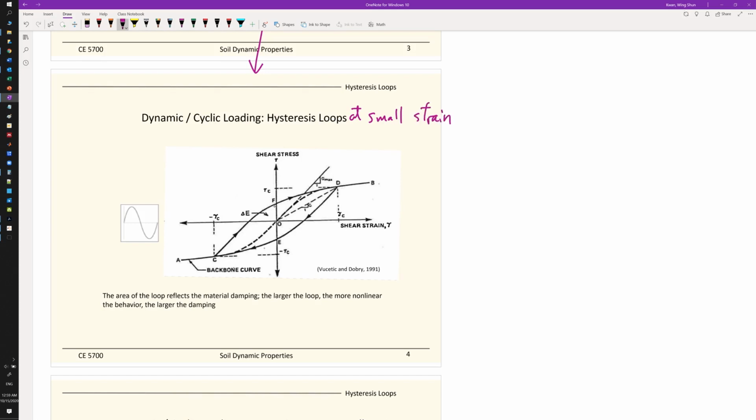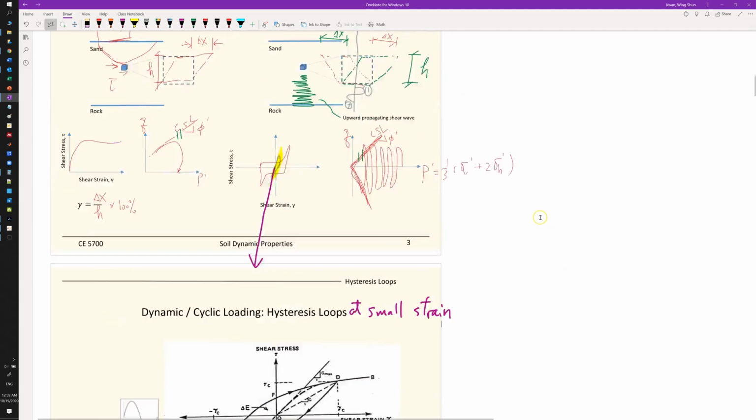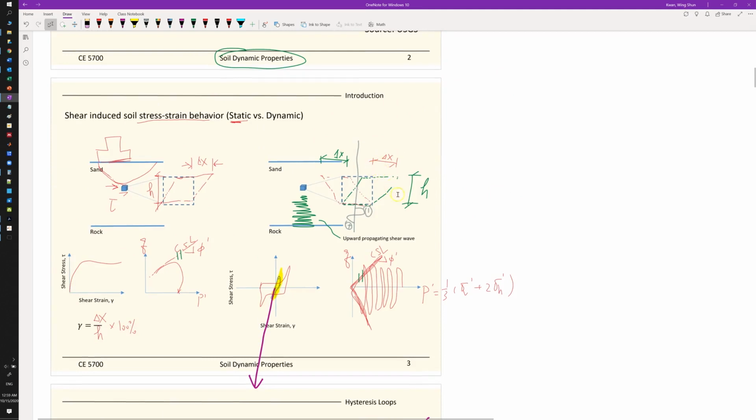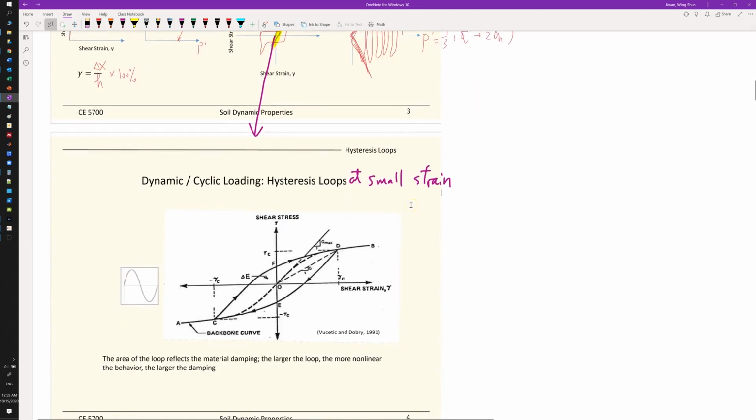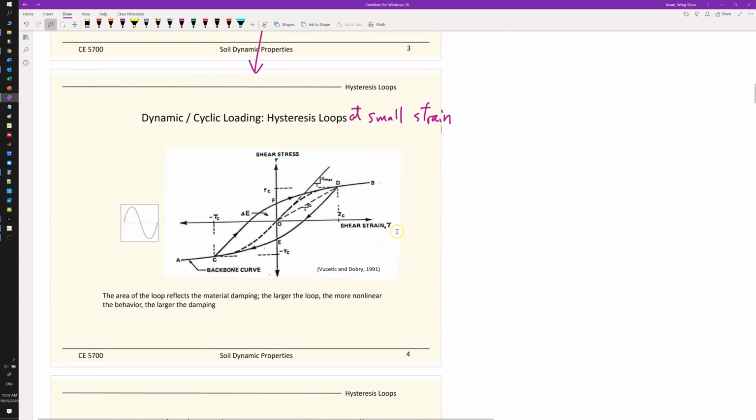So the deformations that we talk about here will be the smallest possible. And there's a lot of information in this first stress strain loop, or hysteresis loop, however you want to call it. This loop comes from a couple of different parts.